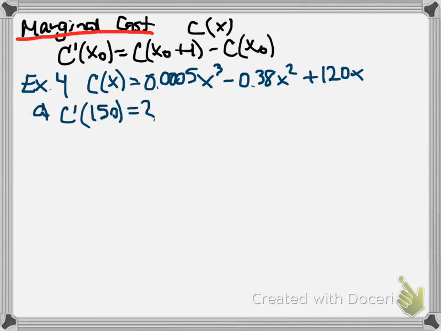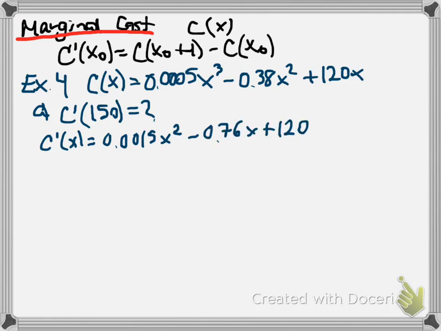You will need to recognize the questions, remember? So first, let's find C prime of X, which equals 3 times 0.0005 x squared minus 0.76 x plus 120.